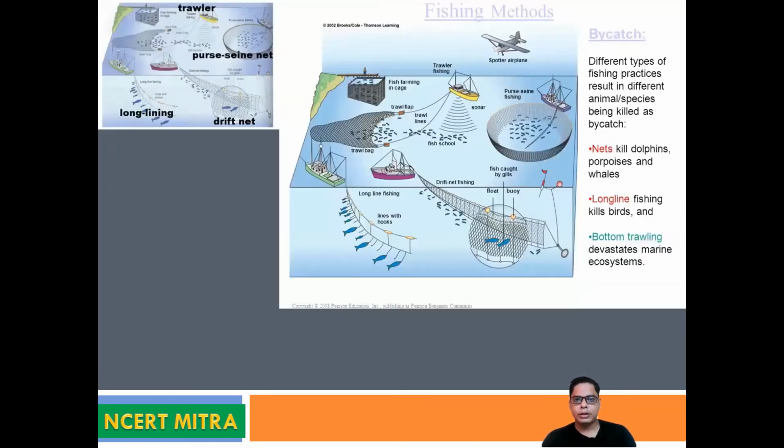If you want to discuss the fishing methods, there are a number of methods followed in the deep sea and coastal areas: drifting, then trawling, then seining and lining. Perhaps you can see in my background some of these methods, this one is called trawling, and this one is drifting.